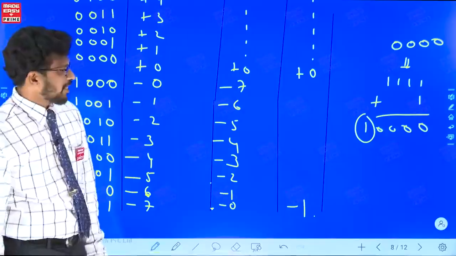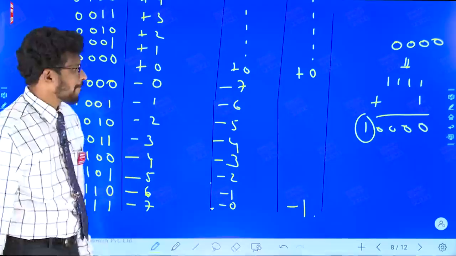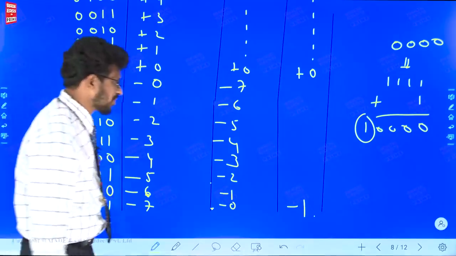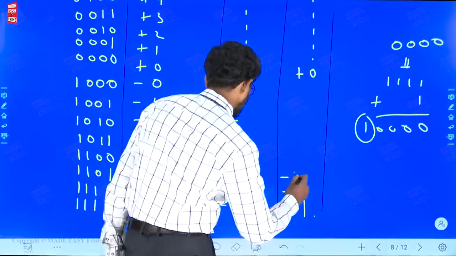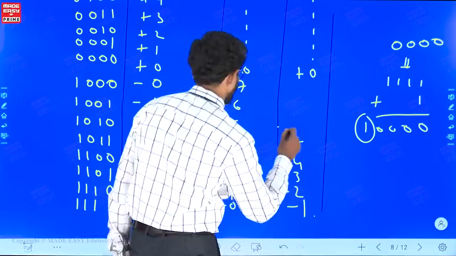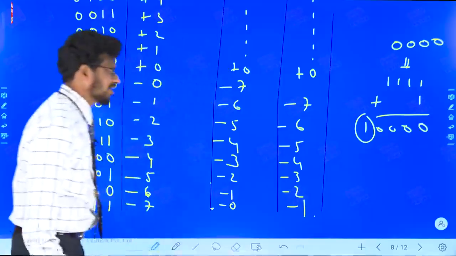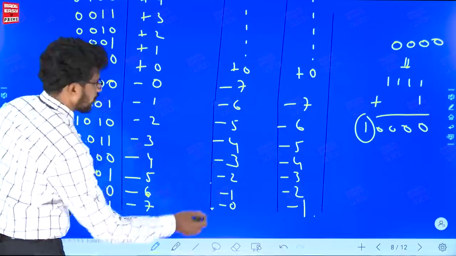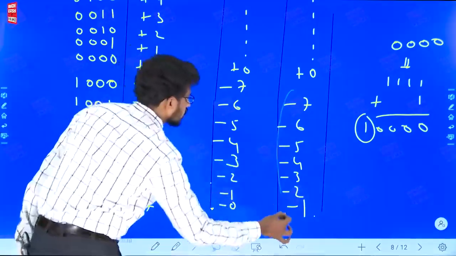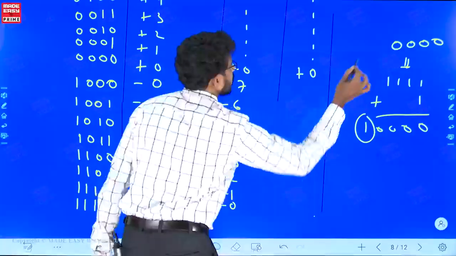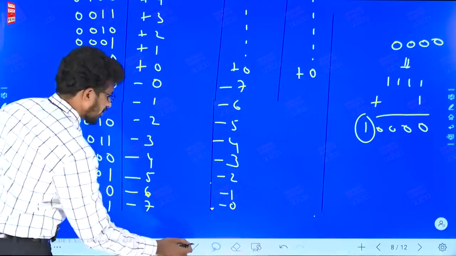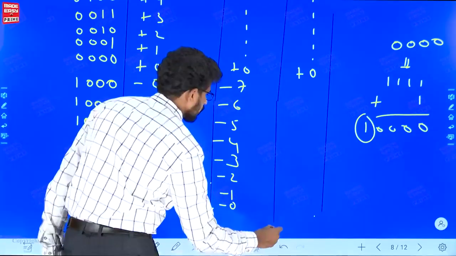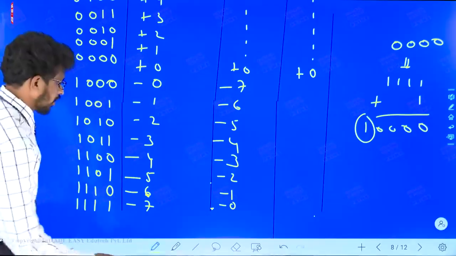Now, observe carefully. Here, this value is minus 1. Now, tell me what should be this value? If you have understood till now, this should be minus 2. Then minus 3, minus 4, minus 5, minus 6, minus 7. Now, I want you to think a little bit about this. Let me just write it like this. If you take from the beginning, consider from this.